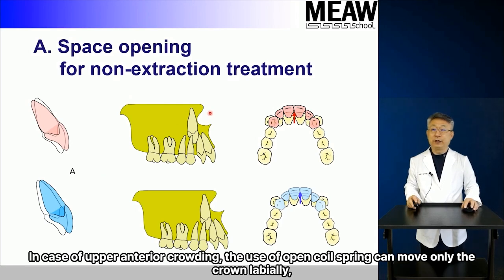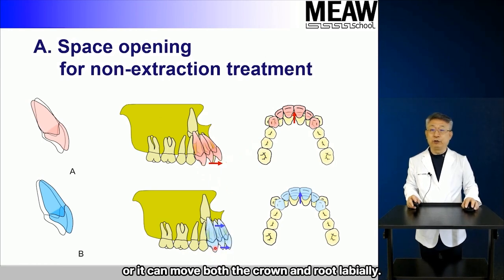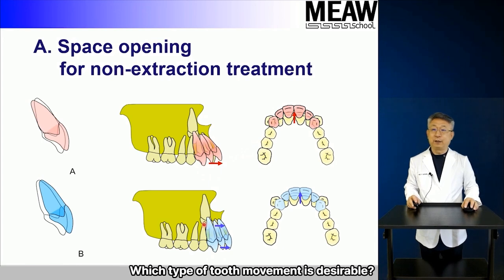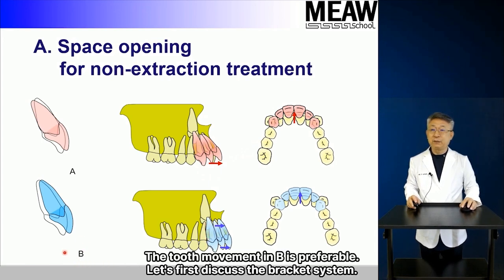In case of upper anterior crowding, the use of open coil spring can move only the crown labially, or it can move both the crown and root labially. Which type of tooth movement is desirable? The tooth movement in B is preferable.